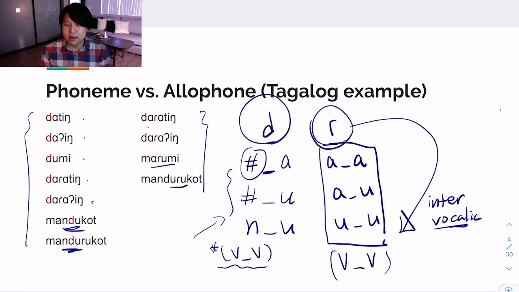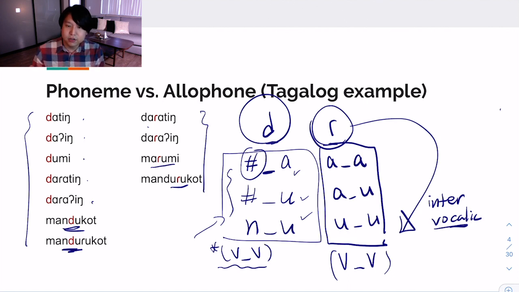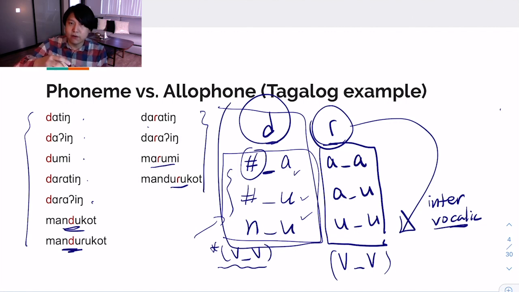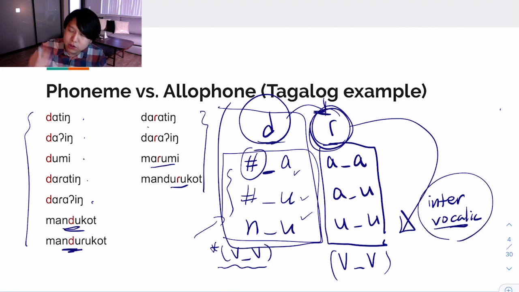And then, since you have more different types of environments for D, it's easier to make a phonological rule in a way that this sound is the default sound, because it occurs in more varied environments. You can have only one single rule to derive the R sound from D if we choose intervocalic position as a special case.